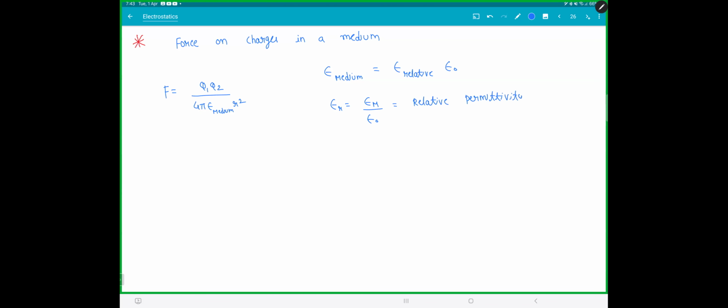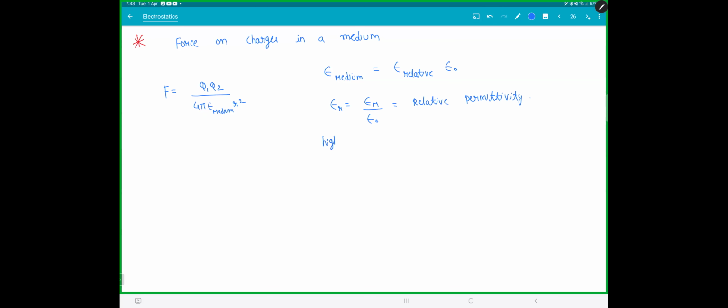But what does this mean exactly? Think about it. Where is epsilon in the equation? Epsilon is in the denominator, right? So if epsilon increases, will the force increase or decrease? Force decreases. That means this epsilon is kind of behaving like a resistance, isn't it? So we can say like this.